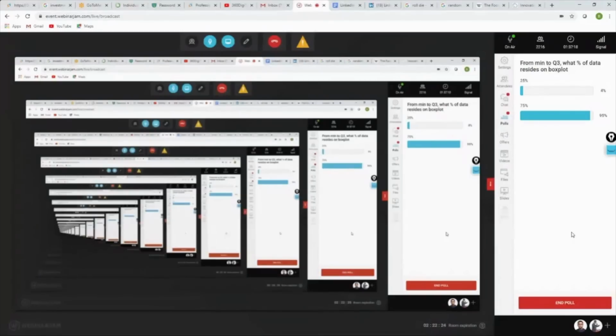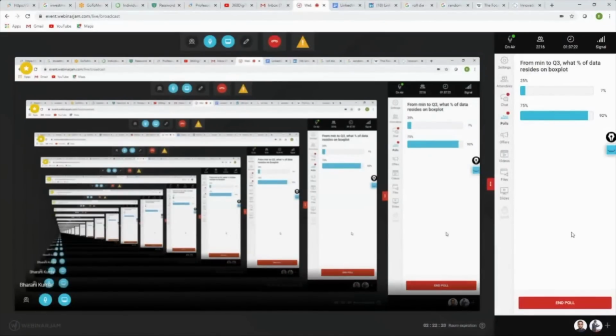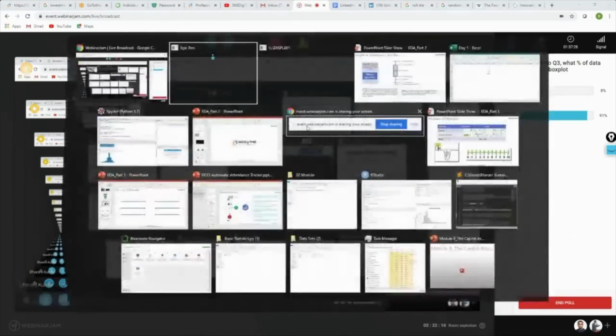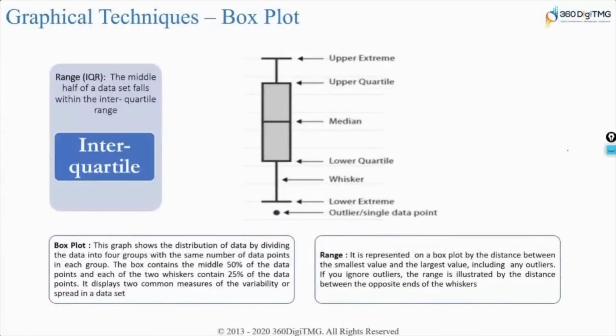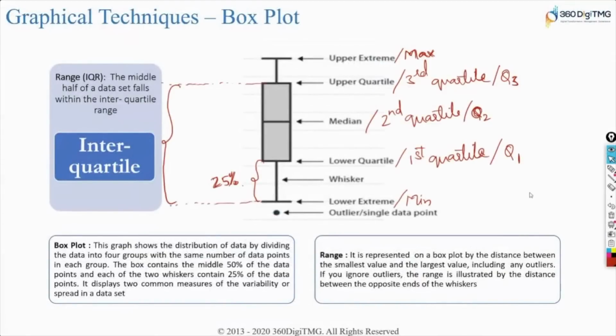Wonderful. Guys, you are awesome. You're responding in a very good manner. Greater than 90% means it's extremely good, right? So 3 quarters means you have 1 quarter here and 2 quarters here. So 3 quarters would mean 75% of the data.